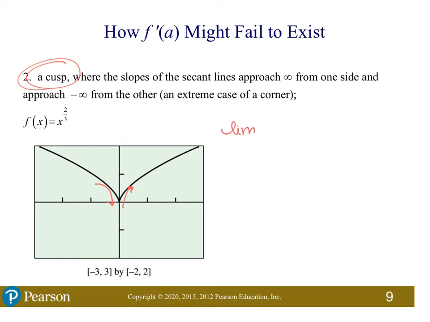And so you say this: the limit as x approaches 0 from the left of f prime will be approaching negative infinity, but the limit as x approaches 0 from the right of the derivative would be approaching positive infinity. And so those 2 things are not equal, and we have a cusp. So this is another way that the derivative fails to exist.